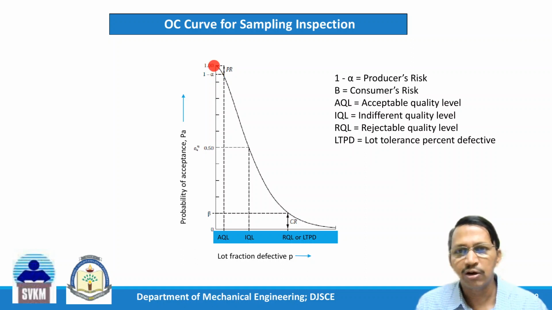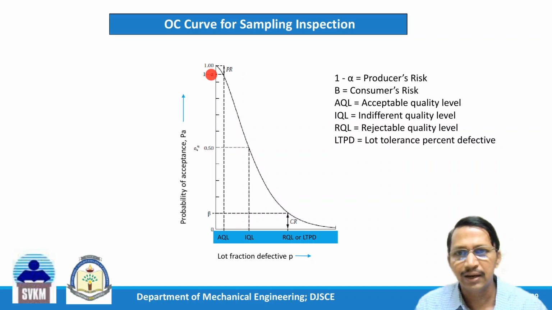It is not 100%, it is slightly less than that. So this much is called producer's risk. Why? Because even though the quality of the components produced by the producer is acceptable, he has a chance of only 1 minus alpha percent acceptance. It is not 100% acceptance.